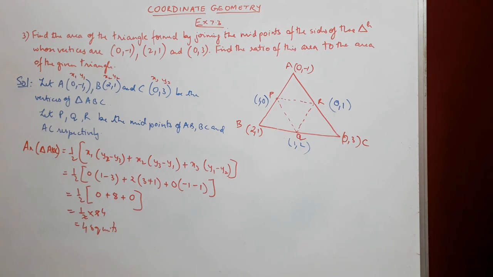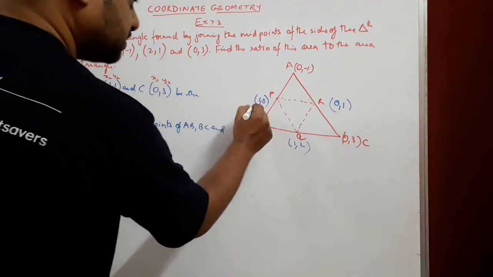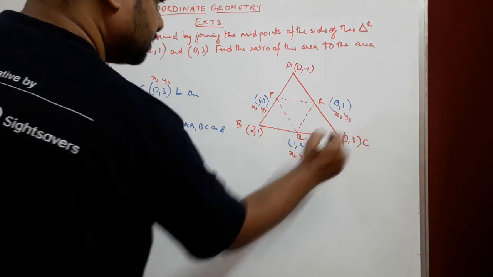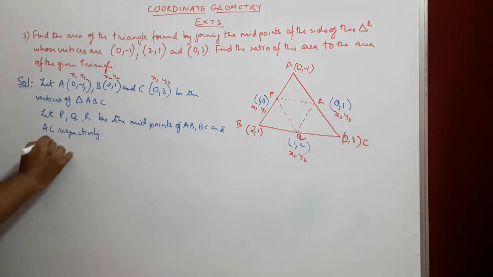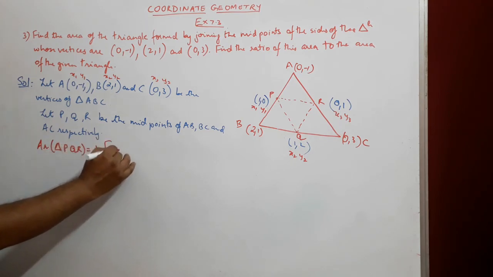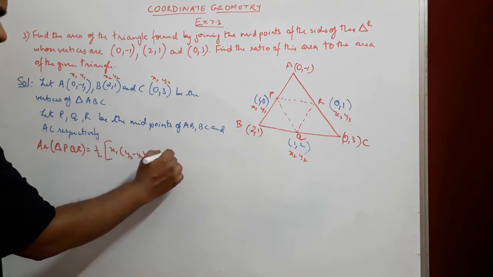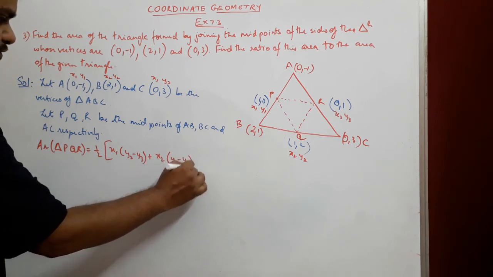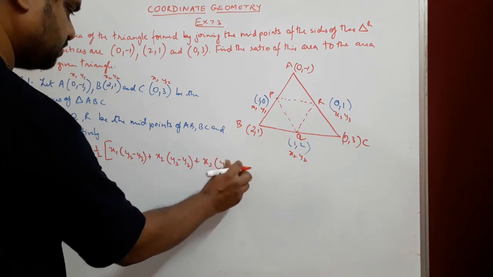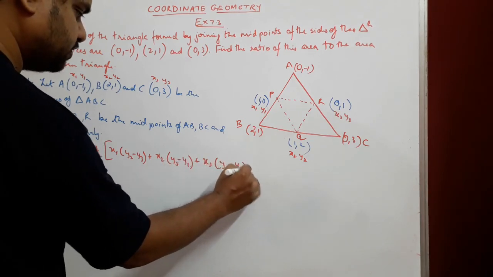Now we will find area of triangle PQR. So to find area of triangle PQR, once again we will mark this as x1, y1, x2, y2 and x3, y3. Okay. So area of triangle PQR equal to the formula, which is x1 times (y2 minus y3) plus x2 times (y3 minus y1) plus x3 times (y1 minus y2). Close the bracket.